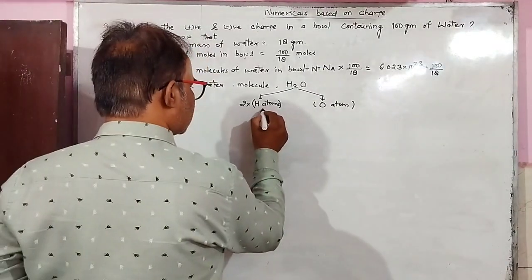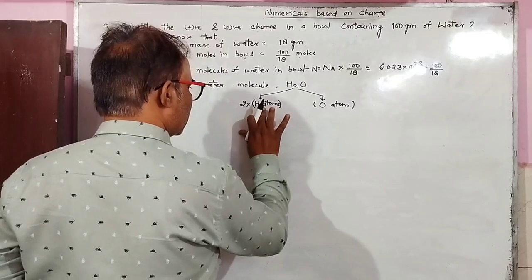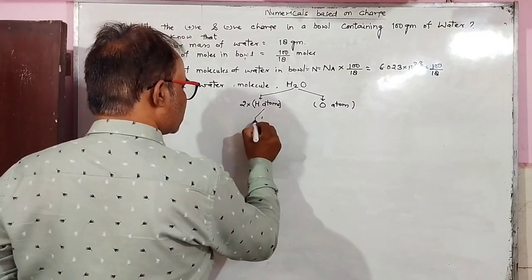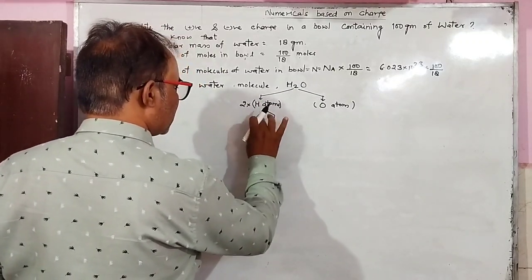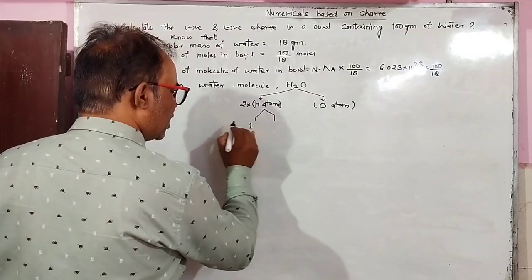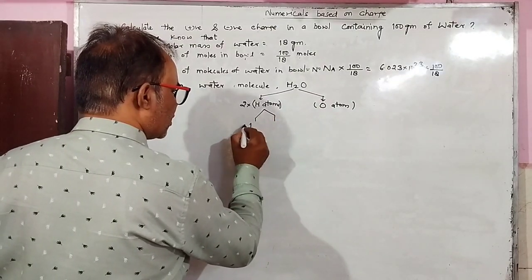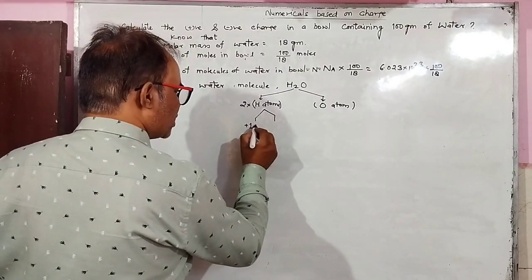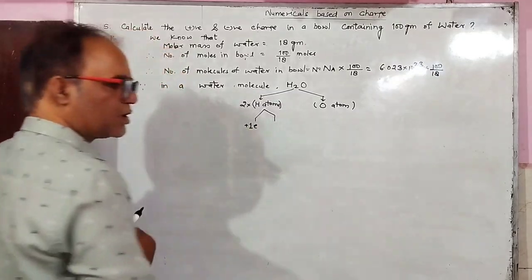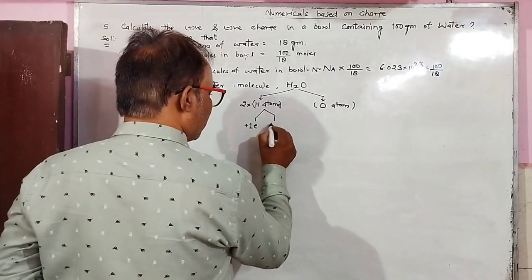Hydrogen atom has 1 unit positive charge and 1 electron.